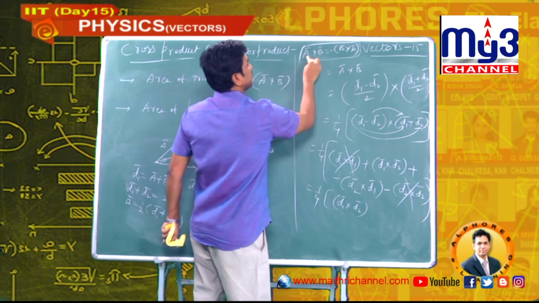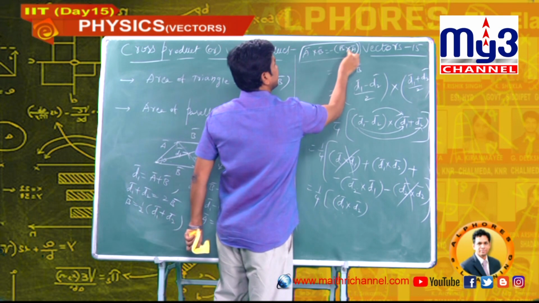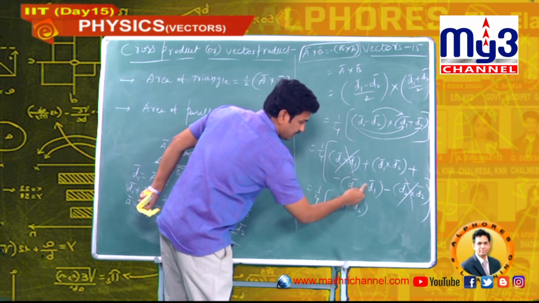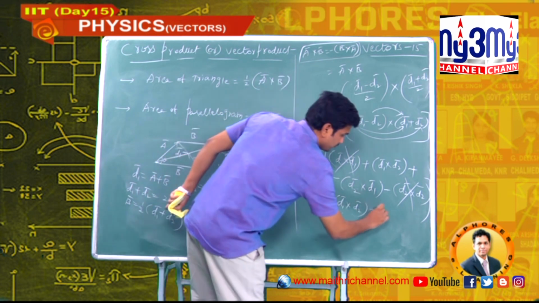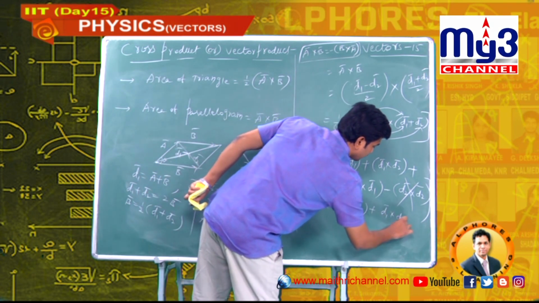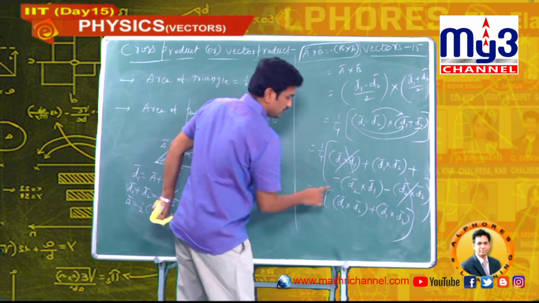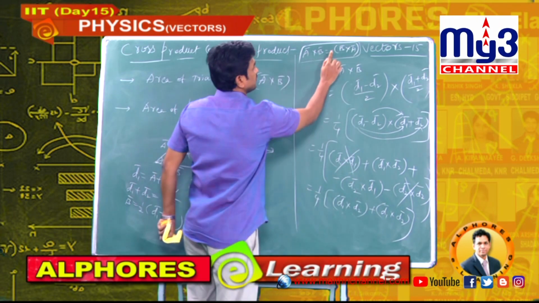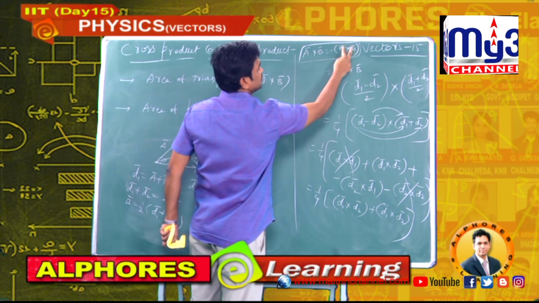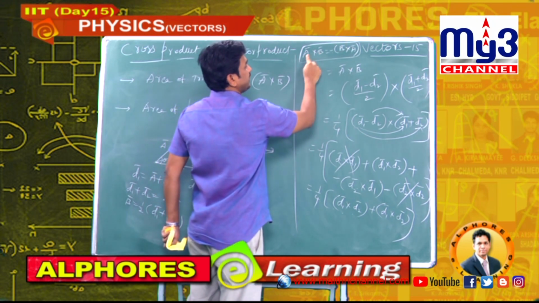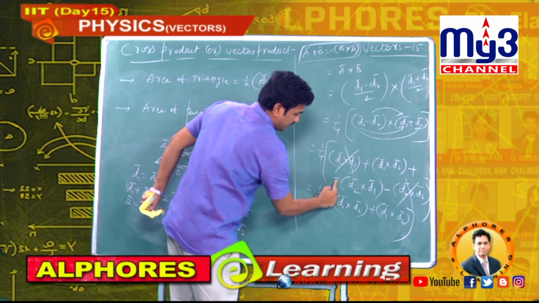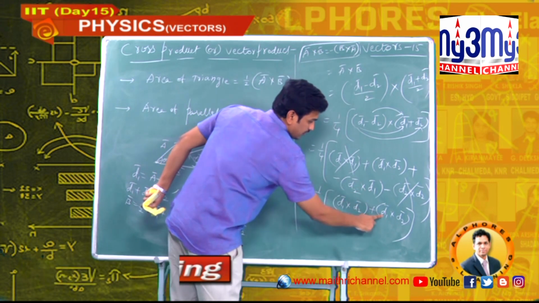A bar cross B bar is equal to minus of B cross A. Now minus of D2 cross D1, can you make it D1 bar cross D2? If you take the minus inside, this will be reversed. So negatively D2 cross D1 is equal to D1 cross D2.